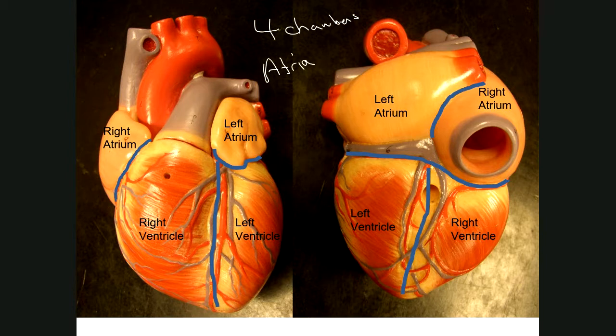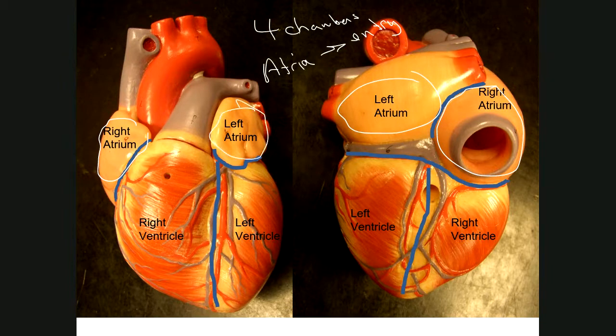An atrium is sort of like an entryway. If you have an atrium in your house, it's where it comes in. And that's where the blood enters the heart. There are 2 atria. There's a right atrium and a left atrium.